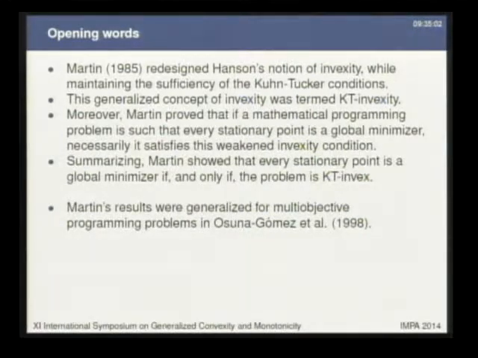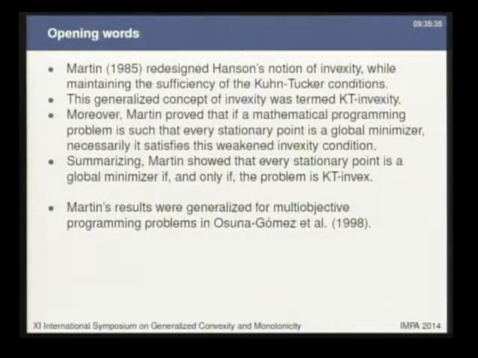So Martin, in 1985, redesigned Hanson's notion of invex, maintaining the sufficiency of the Kuhn-Tucker conditions. This generalized concept of invex was termed KT invexity. And Martin proved that if a mathematical programming problem is such that every stationary point is a global minimizer, necessarily it satisfies this weakened invexity condition.